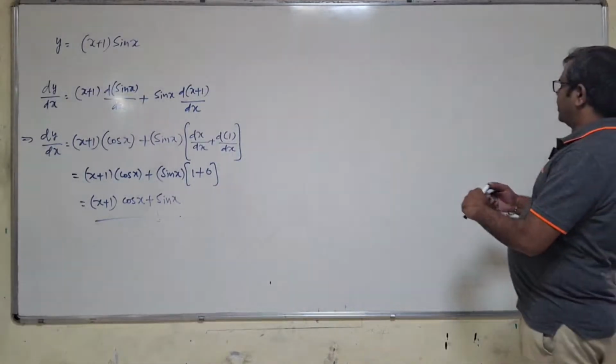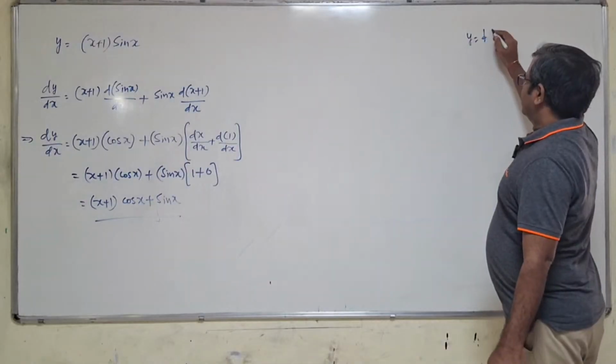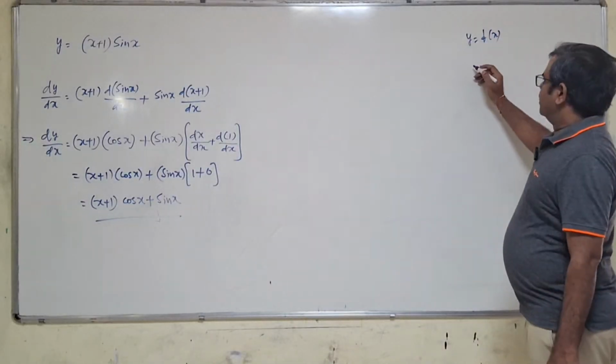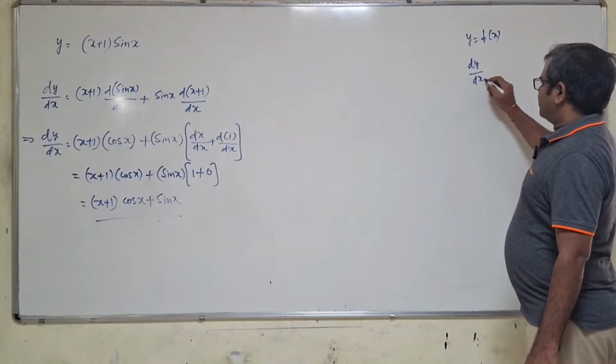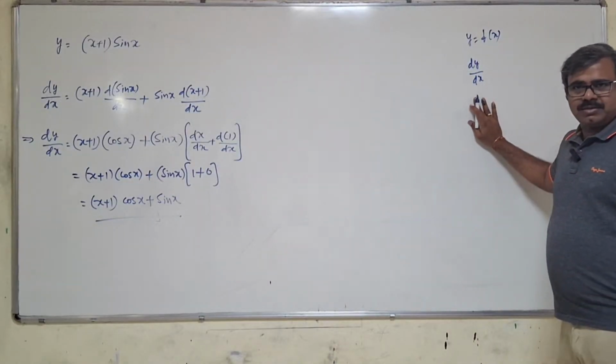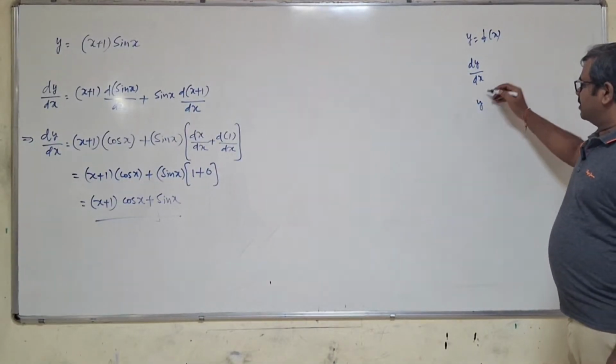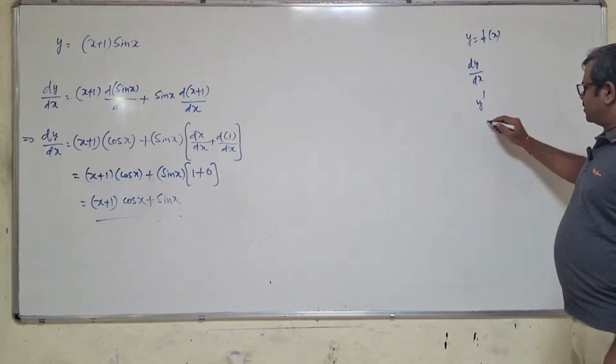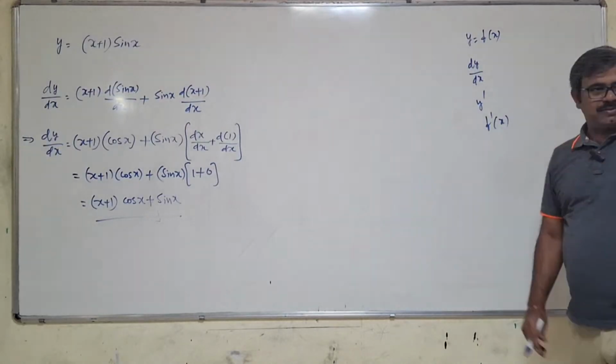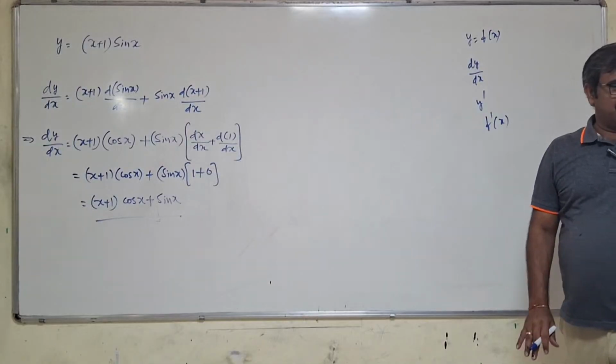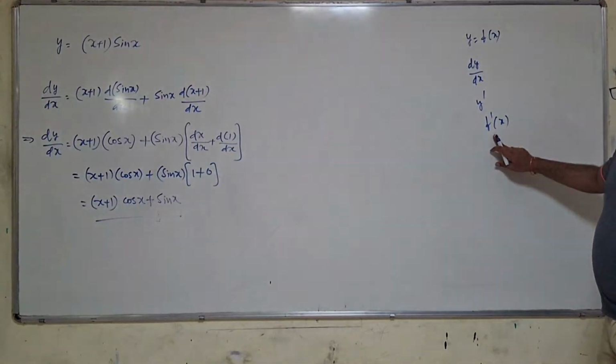Look, while doing differentiation, sometimes we use the symbol dy by dx, sometimes we use the symbol y dash, sometimes we use the symbol f dash of x. All mean the same thing. f dash of x means what?